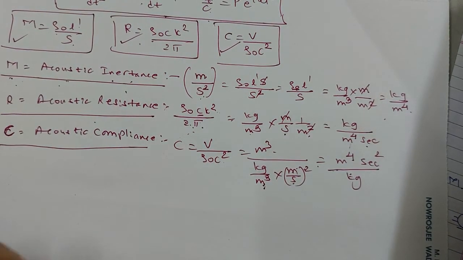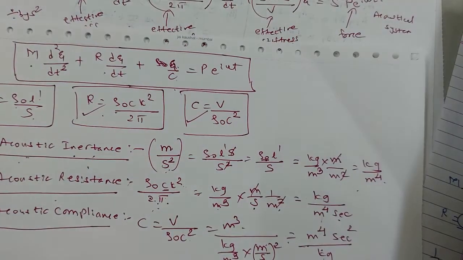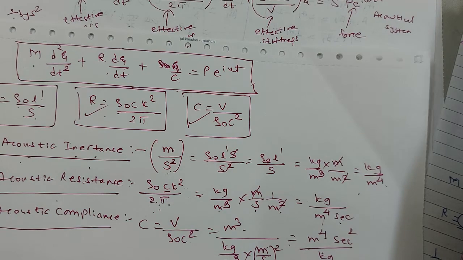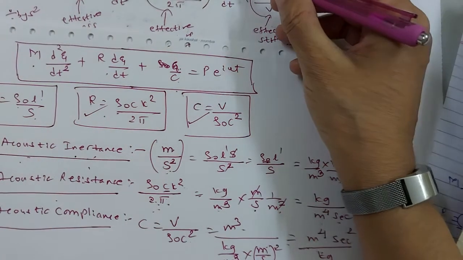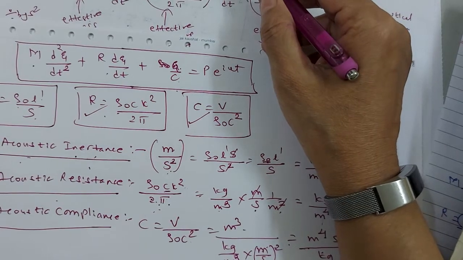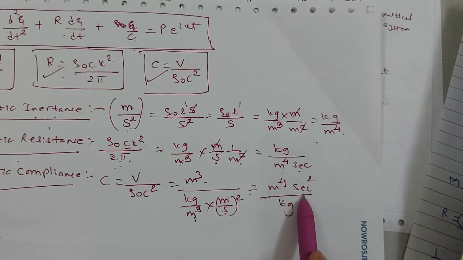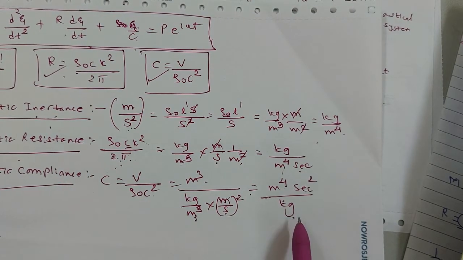And it is analogous to the electrical capacitance. Here I said 1 by C, and in the mechanical case it is the force constant. Clear? So the unit, as already mentioned, is meter raised to 4 second square divided by kg.